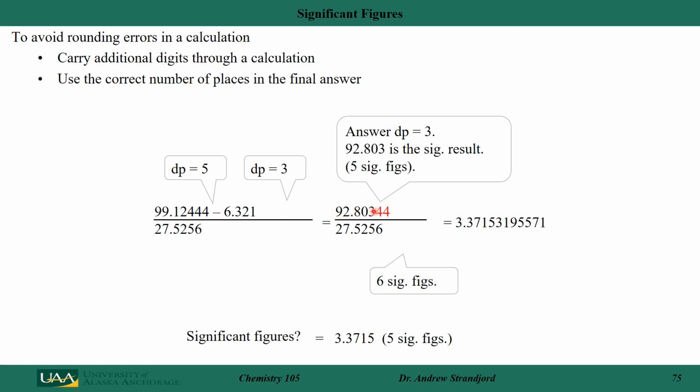So total in my answer, I have 5 significant figures here in the top part of my division, and I have 6 down here on the denominator, so I can only carry through 5. So my final answer will only have 5 significant figures. My answer that I report is going to be 3.3715.